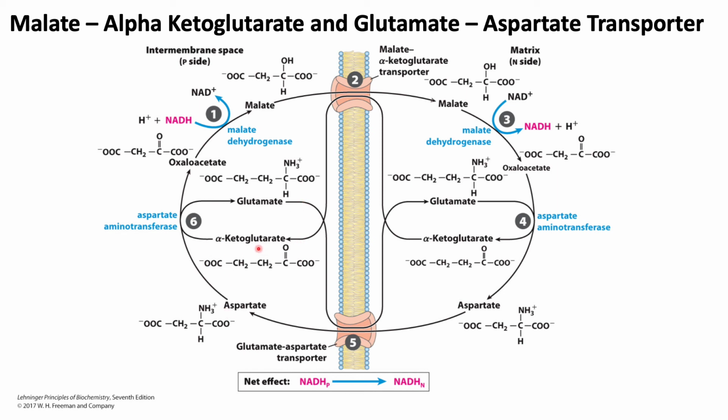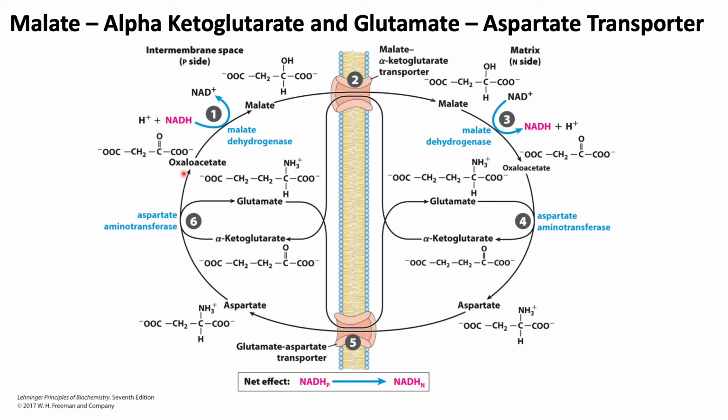So it is the opposite of what happened on the other side. On the other side, it was a transfer between glutamate and oxaloacetate, but now on this side, it is a transfer between aspartate and alpha-ketoglutarate, catalyzed by the same enzyme, aspartate aminotransferase.